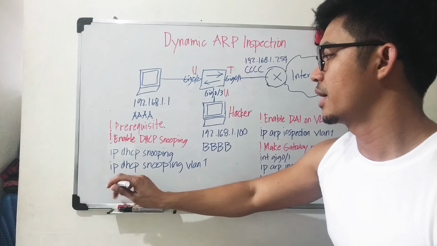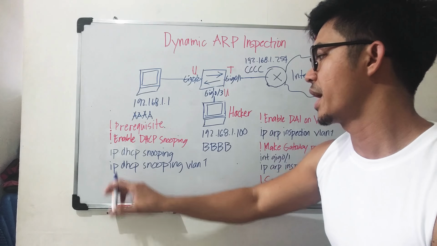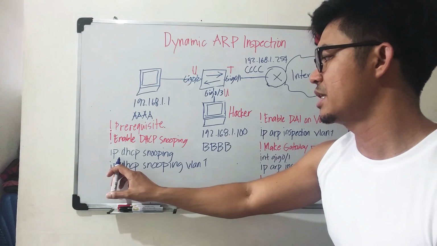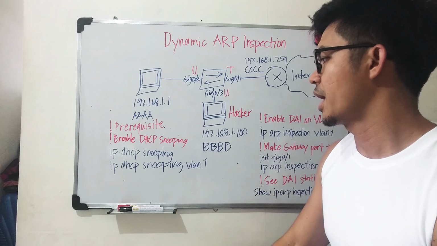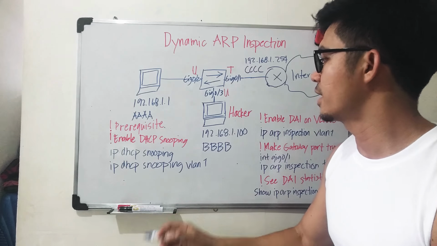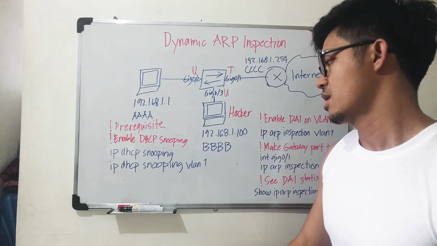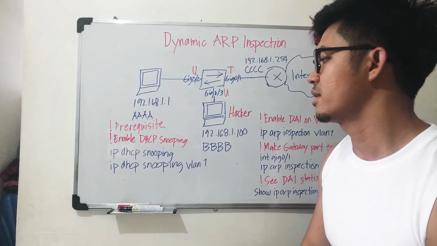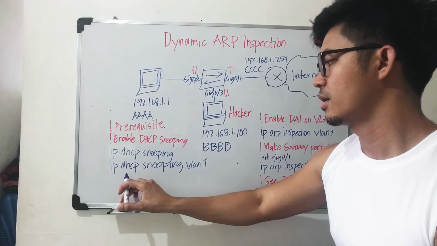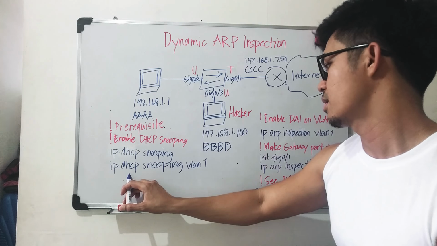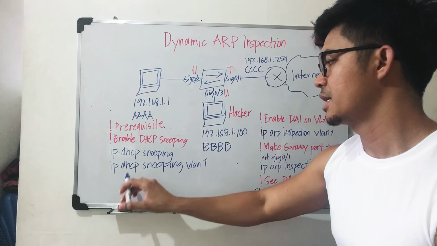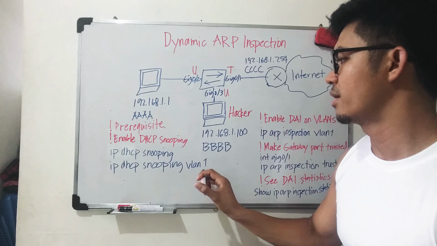You can enable it in the global configuration. So the command is ip dhcp snooping, and in this example, let's say that we are just using VLAN 1, the default VLAN. So we can enable DHCP snooping on this VLAN. So we'll say ip dhcp snooping vlan 1.